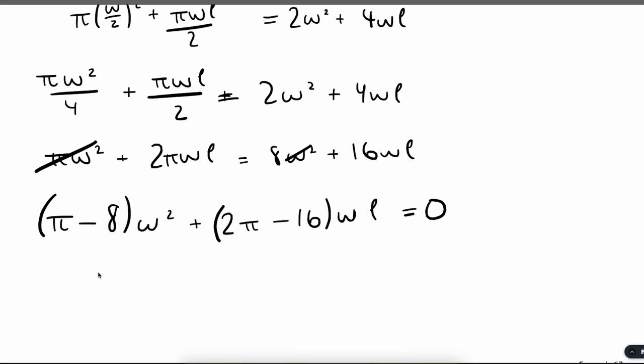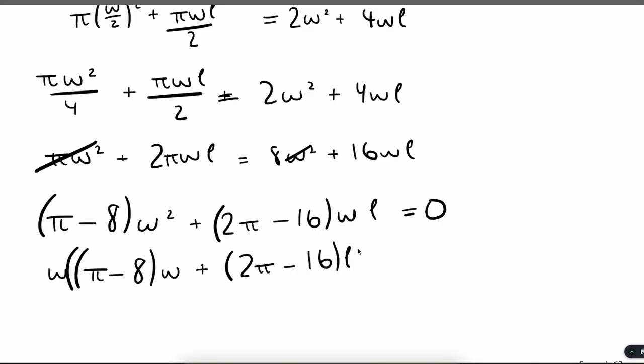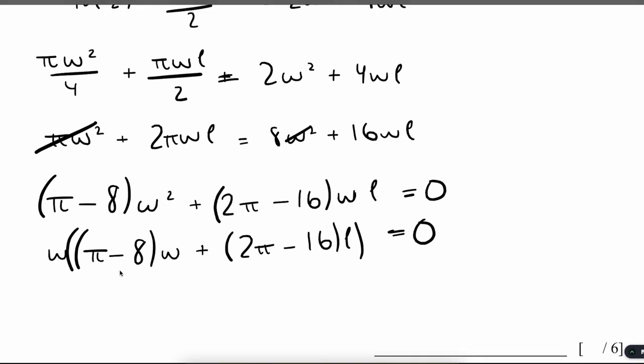So we know we can factor out a W. Now, this will give us a solution of W equals 0 and another different solution as well. So I'll show you what you get. So this will give you this solution here. Now the alternative, so this will give you this here once you factorize it.